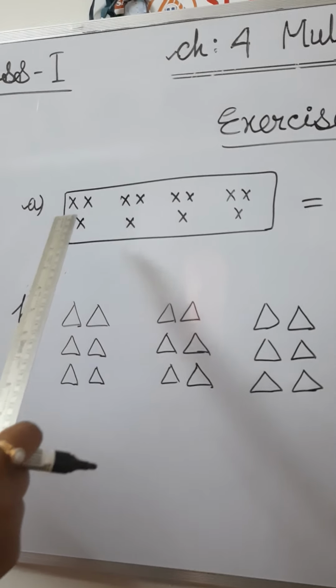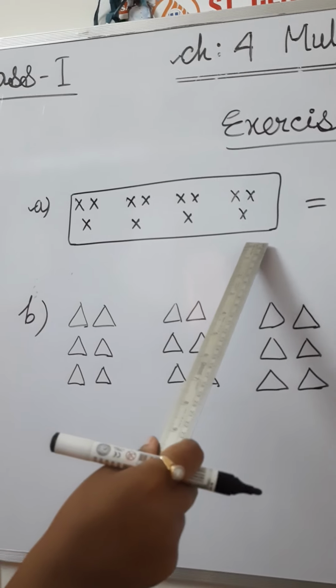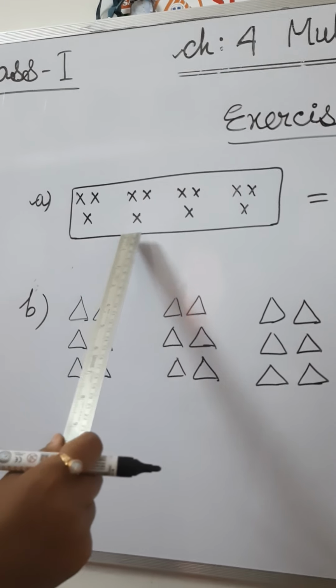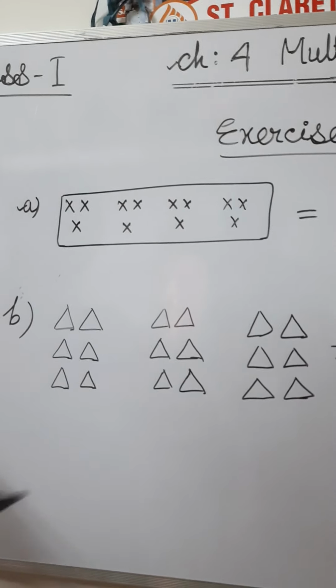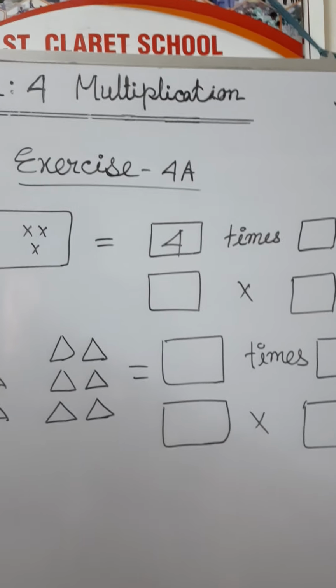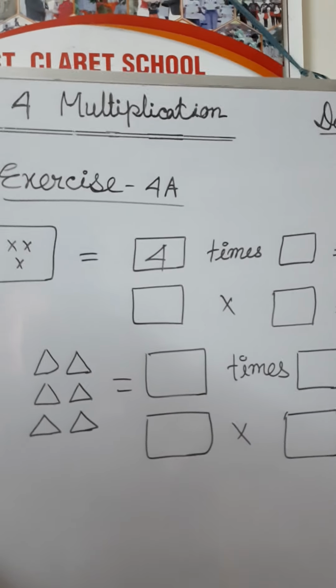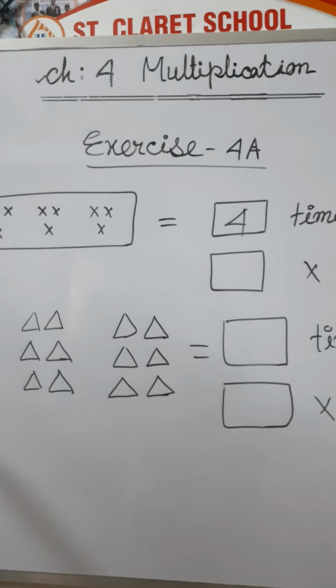First we have to count how many groups there are. 1, 2, 3, 4. So we have to write 4 times. How many times? 4 times. 1 time, 2 times, 3 times, 4 times.